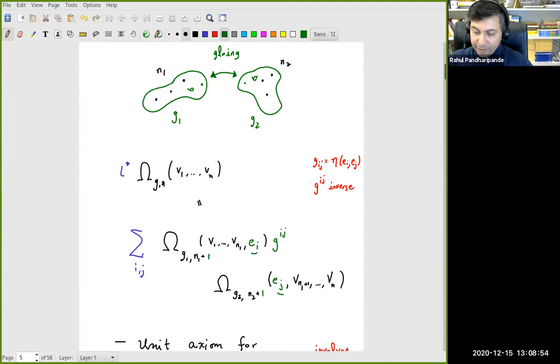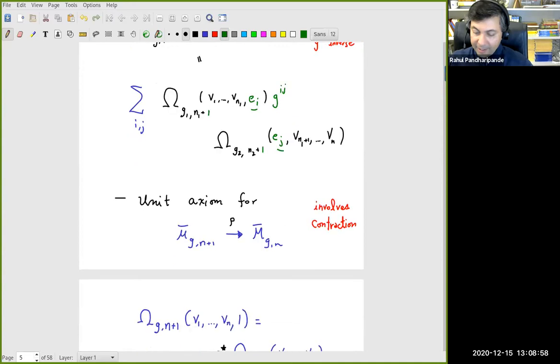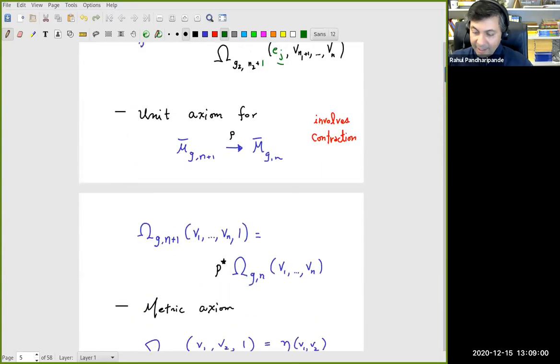So I've said 2 things: it's symmetric, it has this splitting property, then there's a unit axiom. And as I said, this is a little bit of an intricate thing to discuss. There's some kind of complicated theme that runs through this unit axiom in this talk. But here it should be familiar. You can forget a point. And then the unit axiom says that when you can forget a point, you can pull back the CohFT on the space with fewer points.